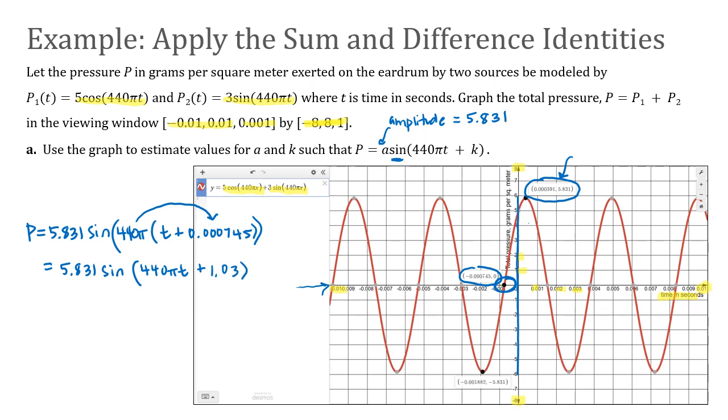And that 1.03, that is my k value. So I have successfully, I think, solved this first part. I know what k is, and I know what a is. Now, there is a part B that we'll look at in just a second.